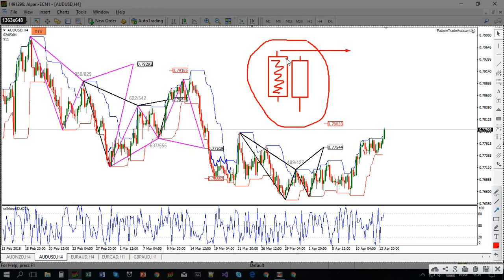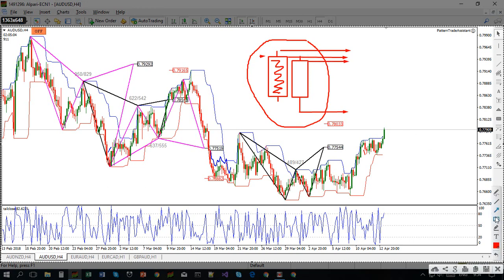The open of this candle is here because it opened here, then it traveled to the downside, set a low, then traveled high, set a high, and then it closed. So this will be the open of the candle. This will be the low of the candle. And this will be the close of the candle.